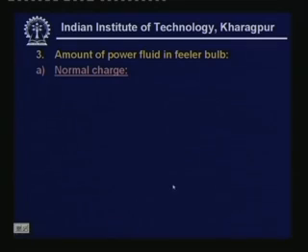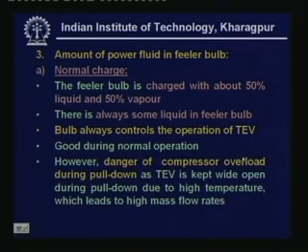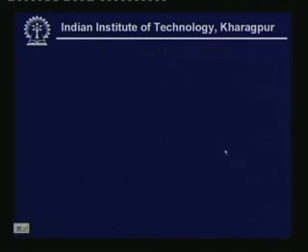Since there is a higher mass flow rate, the power requirement of the compressor also will be high. So if you have not designed the motor properly, then there is a danger of motor getting overloaded, right. So this is the problem with normal charge. Otherwise normal charge is very good during normal operation.